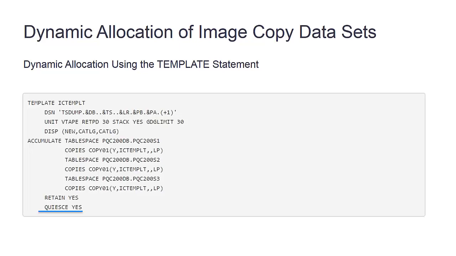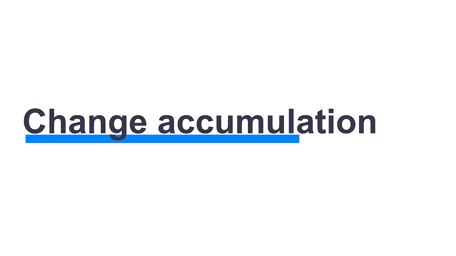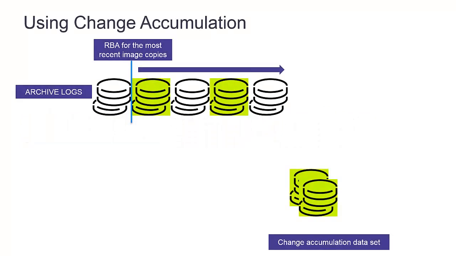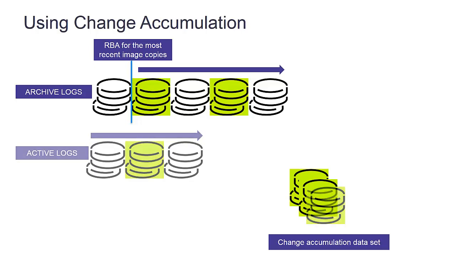The next component we'll discuss is the Change Accumulation component. The Change Accumulation component extracts log records from multiple DB2 logs or change accumulation logs into a single compact data set. The data set contains only recovery type log records for the tablespaces or index spaces you specify, down to the partition level.